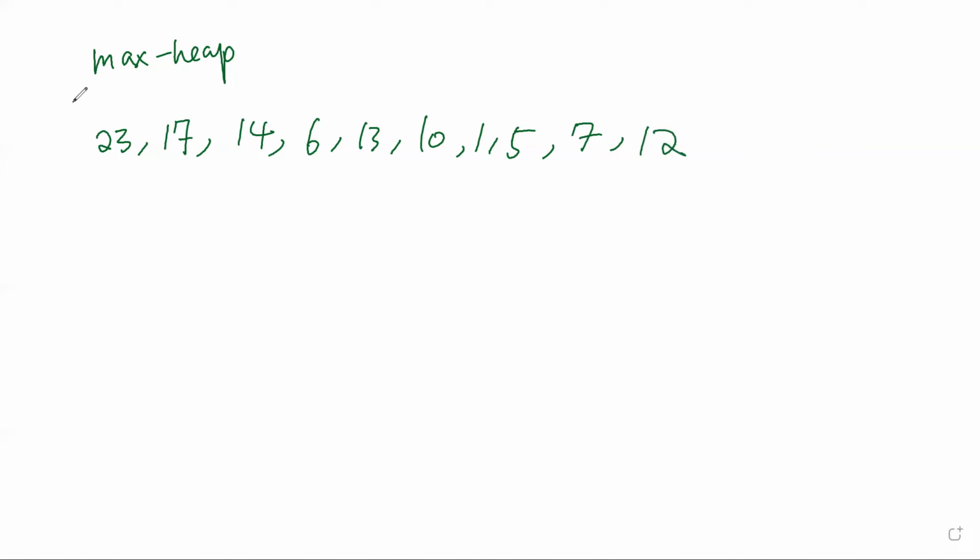I have an array stored like this: 23, 17, 14, then 6, then 13, then 10, then 1, and then 5, then 7, then 12. So I have this sequence.